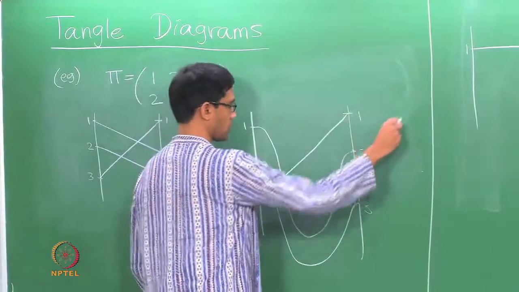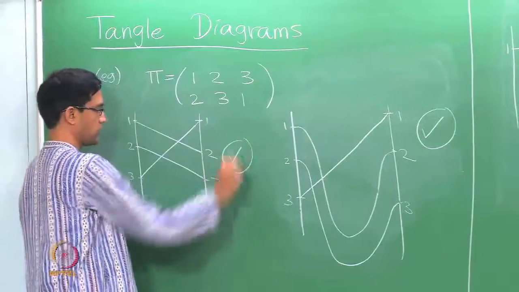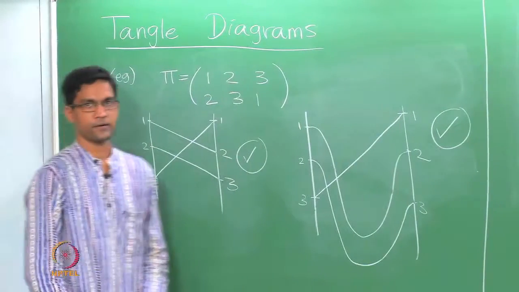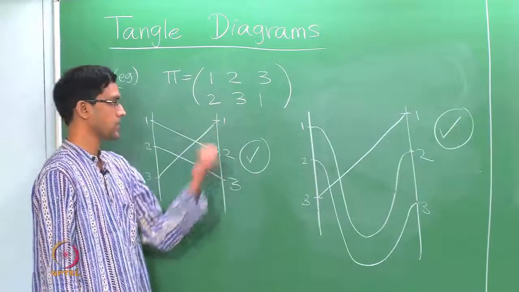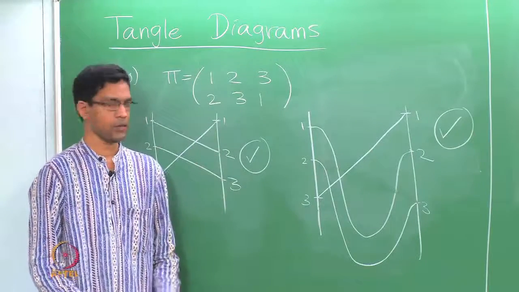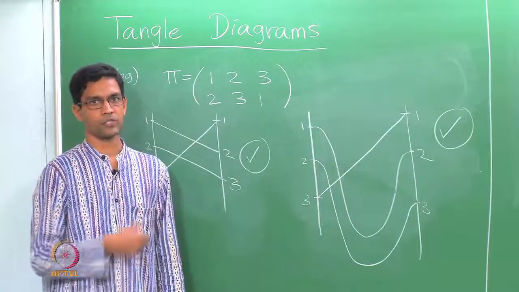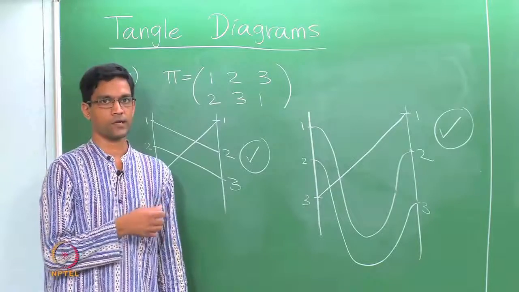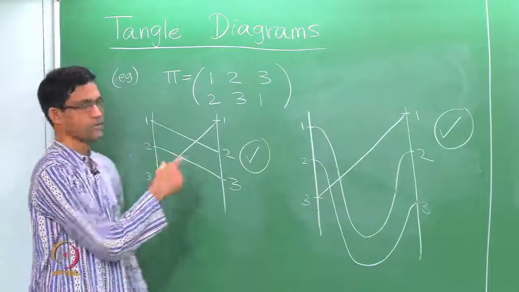So is this. Each of these is a perfectly valid tangle diagram which depicts the permutation, the 3 cycle 2 3 1. Okay? And you can play with these things a little bit more. It's good to have the flexibility to draw it in various ways, not always having to draw it by straight lines.